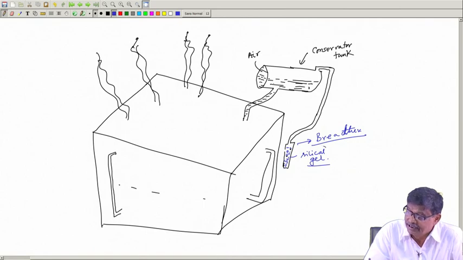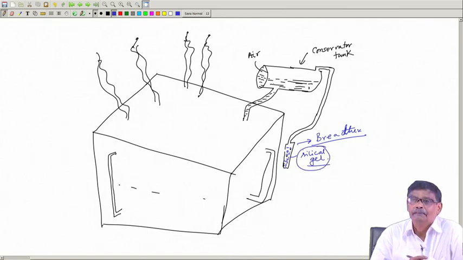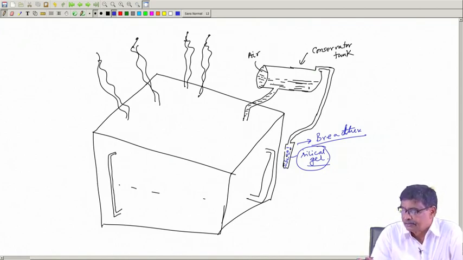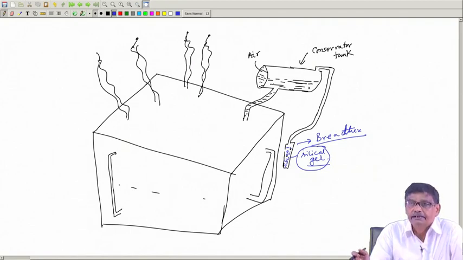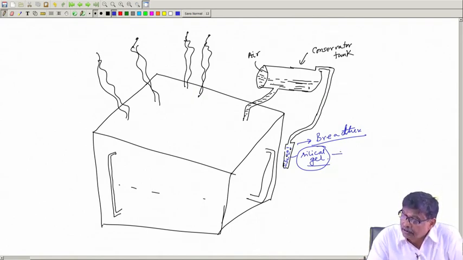Now, what is this silica gel? Silica gel is a protection. It makes sure that water vapor present in the atmosphere does not come here in the conservator tank. Why? The normal color of silica gel is blue.